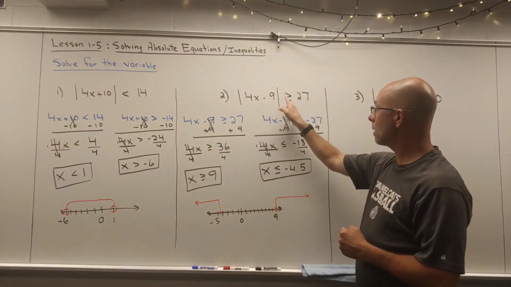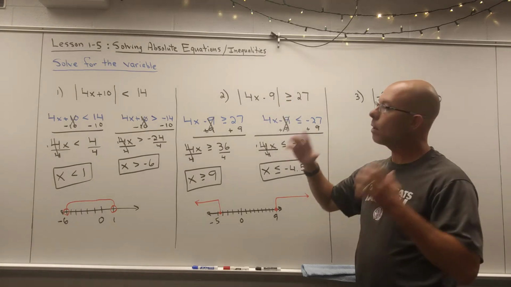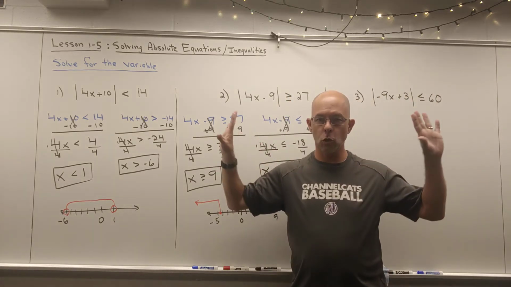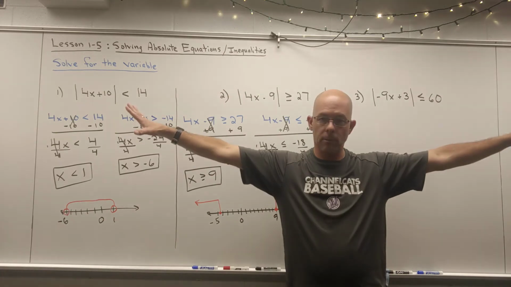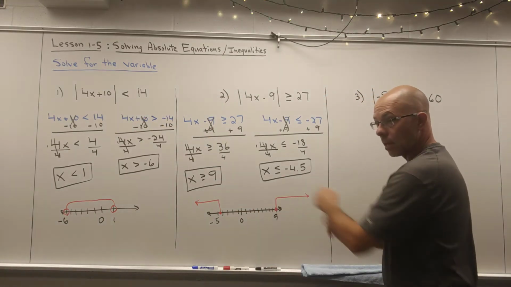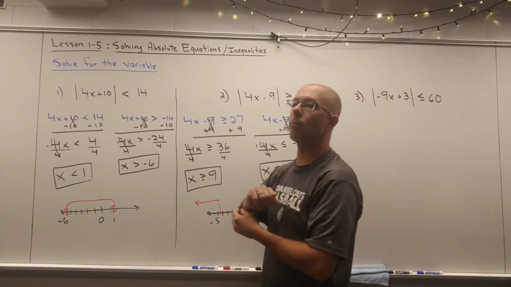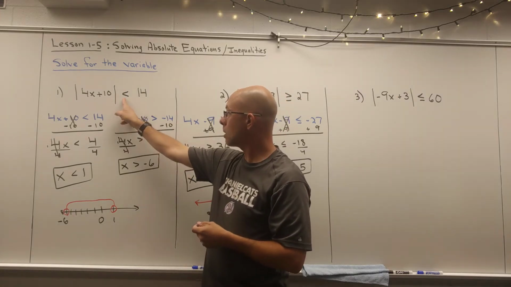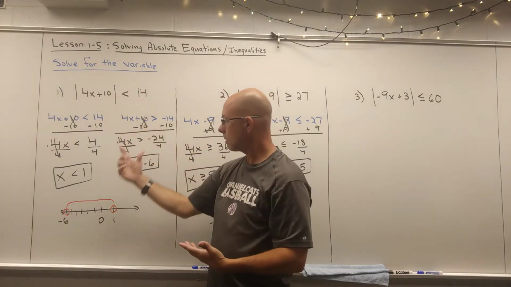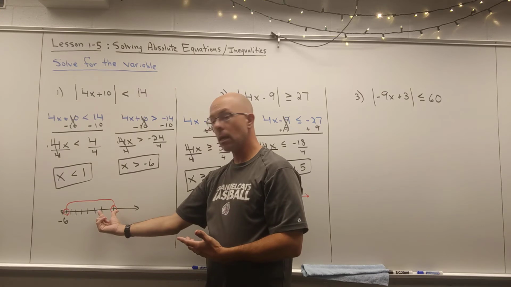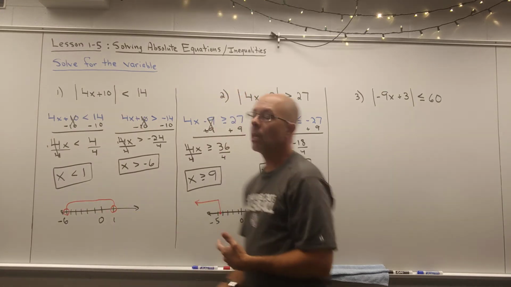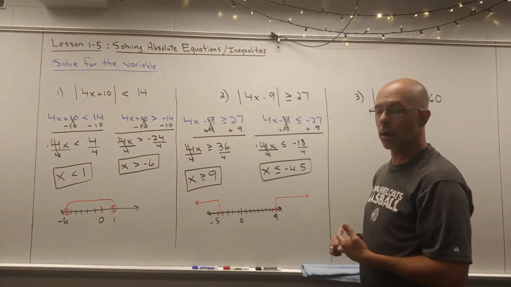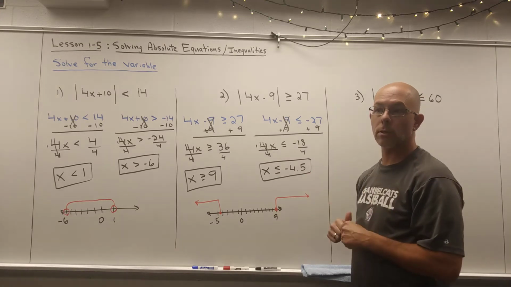If the absolute value is greater, absolute greater, we want the distance to be greater. Get away from each other. That's going to happen. So every single time, if it's a less than originally, absolute value less, it's going to be connected and together. If it's absolute value greater, the answers will go apart.